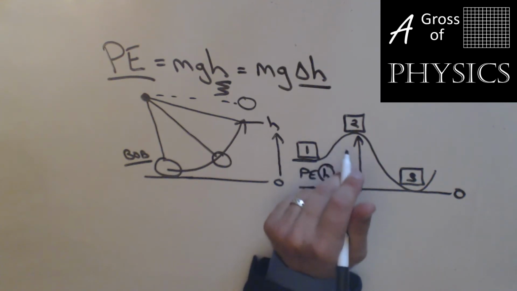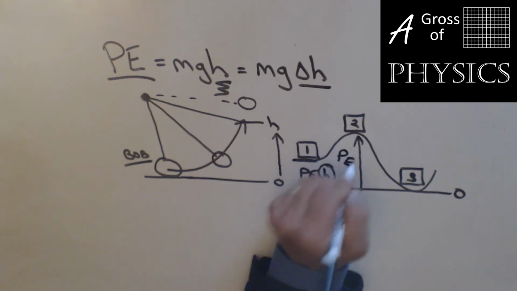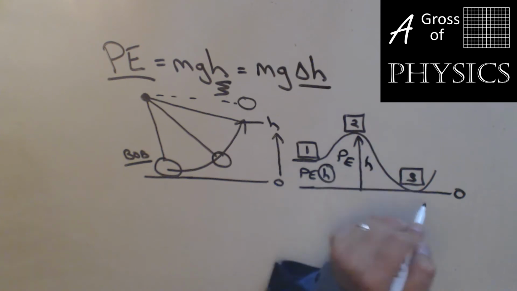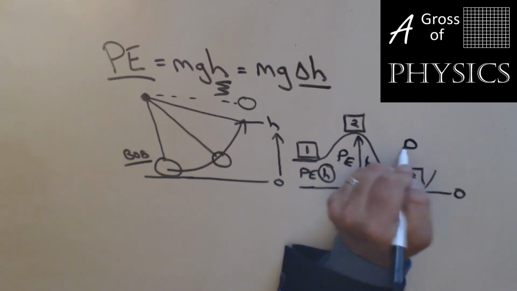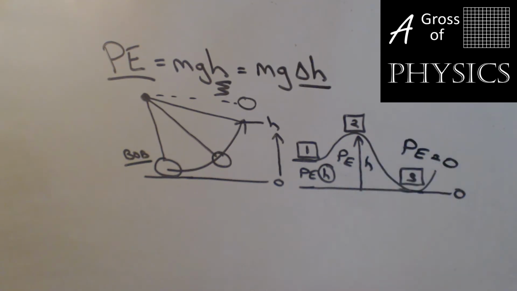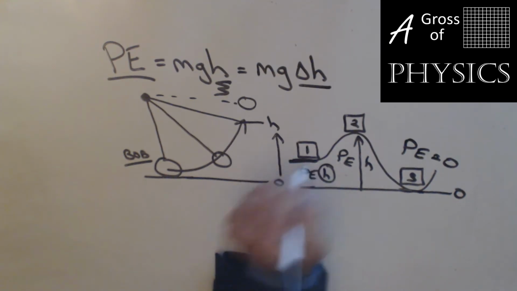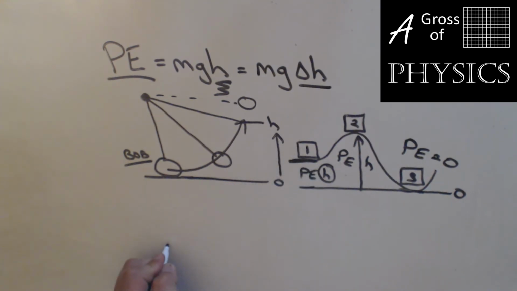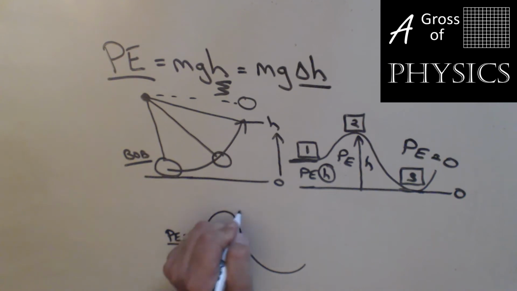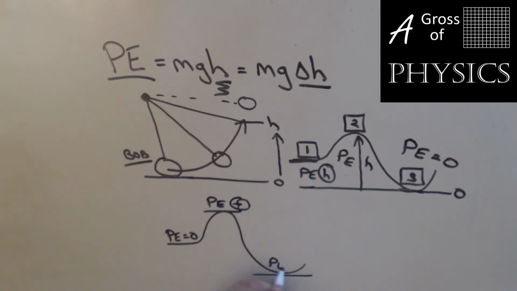Not BE, PE. Because it has height. But at 3, potential energy is going to be 0. Now, if we called the potential energy 0 at point 1 here, what would happen is we'd have a situation where this would be potential energy is 0. This would be the potential energy that's positive. And then down here, we'd have a potential energy that's negative.